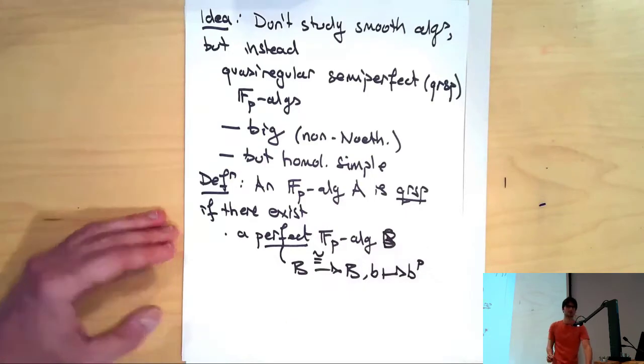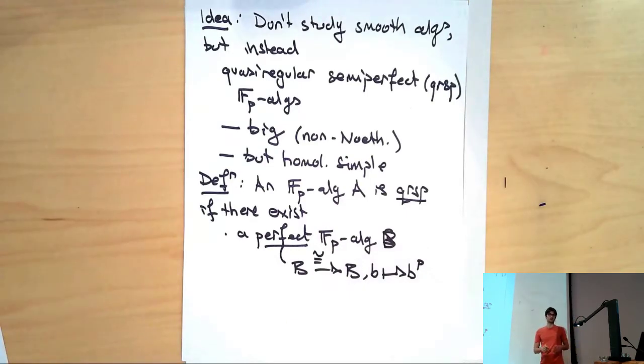So the Frobenius endomorphism of B is an automorphism. And that immediately puts us in the non-Noetherian context. Unless B is a field, this has to be a very big non-Noetherian ring.